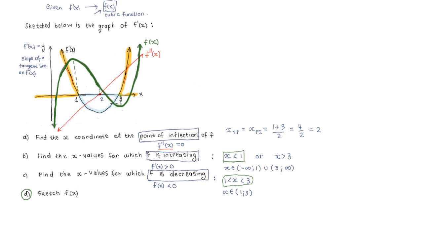The only information that we were given is the location of our stationary points, and they give that information to us by the fact that at these points, f prime of x is equal to 0. And we know that when we set f prime of x equal to 0, we are finding the x value at the stationary point of our cubic function. So that's how they give us that information.